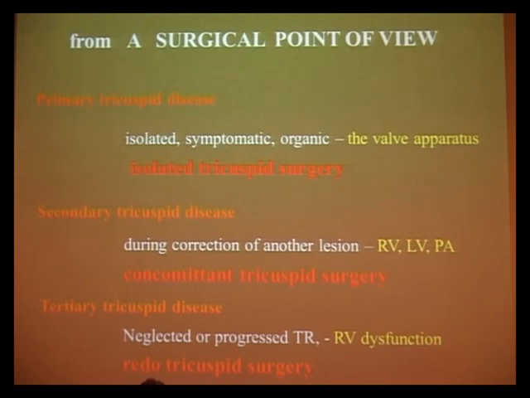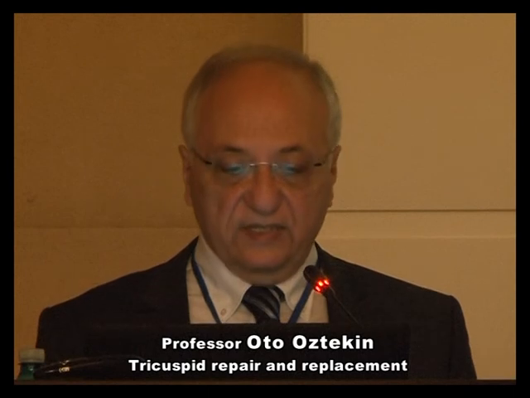Just as an easy approach as a surgeon, when we deal with primary tricuspid disease, we perform an isolated tricuspid surgery, which is very well defined, as I said. And for the functional tricuspid disease, we perform a concomitant tricuspid surgery, which is usually a little bit complex because of the right ventricle and left ventricle disorders.